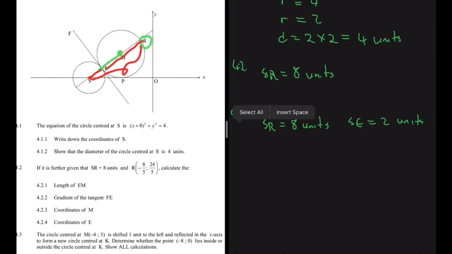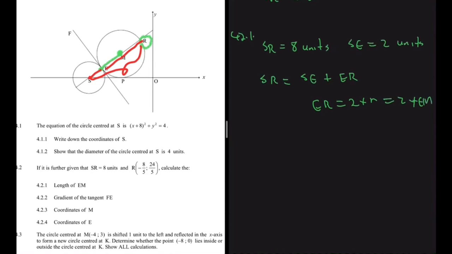What am I saying? I'm saying that SR, the entire distance from S to R, will be equal to SE, the radius of the small circle, plus ER, right? But then you can see that ER is the diameter, right? So it will be equal to 2 multiplied by EM, what we are asked to find. So in place of SR, we can put 8 units.